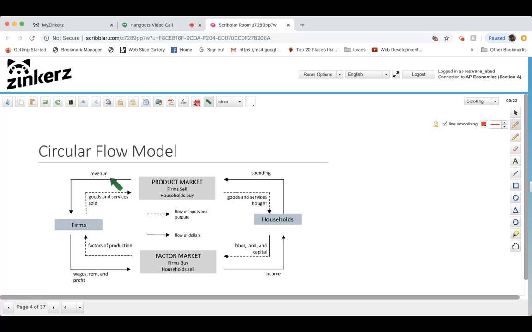There's also another thing, which is the flow of dollars, right? So when farms buy factors of production from households in the factor market, they don't get them for free, just like we talked about.